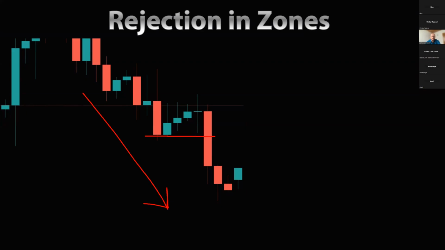We're waiting. That's a good resistance formed. So what we're going to do is, by the break of this bearish candle, we can take a sell down to any level.